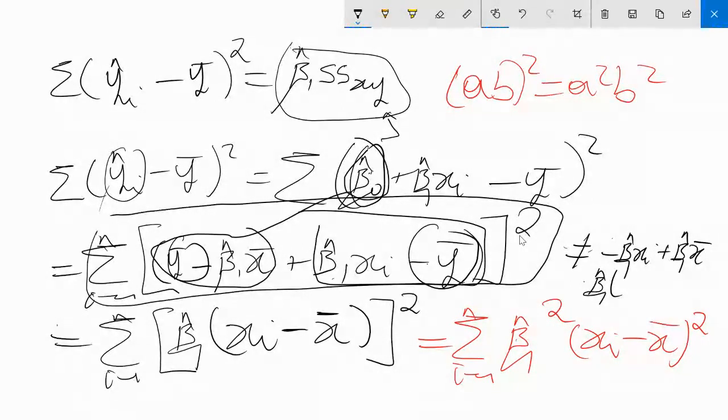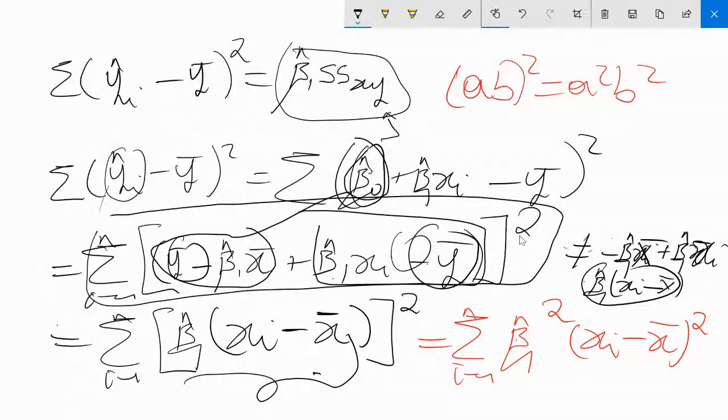The x bar is here and the xi is this side, so I can start with xi minus x bar. So this is what we have from here, and that gives us this. And from here, I used that (ab) all squared is equal to a squared multiplied by b squared. And now we have this. Is it clear?